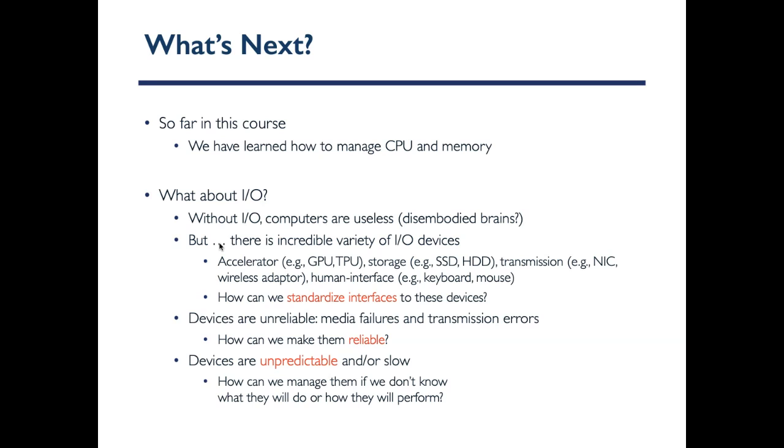Now, the other thing about I/O devices is that they're coming from everywhere. Anybody can design and manufacture their I/O devices. The operating system should not rely on the device doing what it's supposed to do all the time.